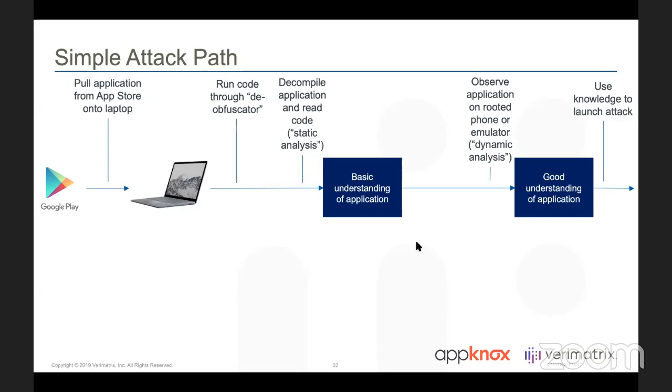So a good way of doing that is to use environmental checks. And we talked about the Google SafetyNet service earlier. So if we make sure the software is running on a trusted device, someone's not attached a debugger to it, the phone's not rooted, they're not using a hooking framework to modify the code, then that creates more barriers. It starts to complement what we've done with the obfuscation.